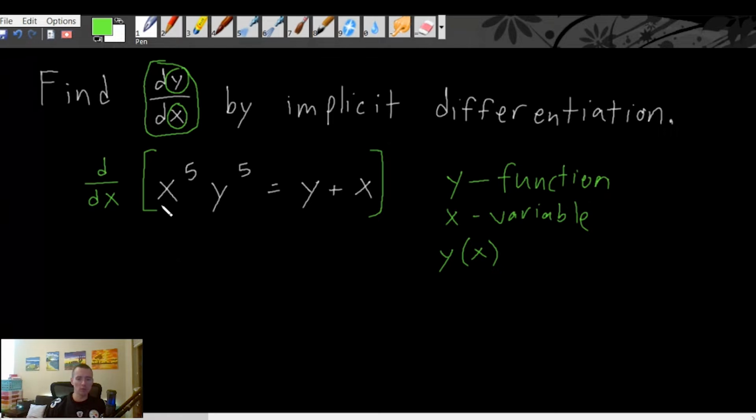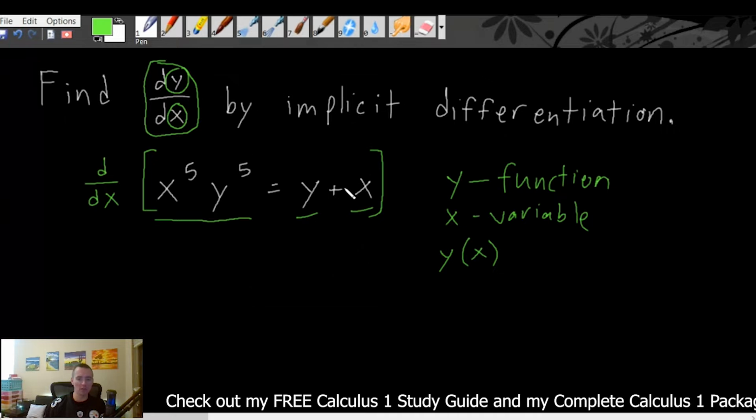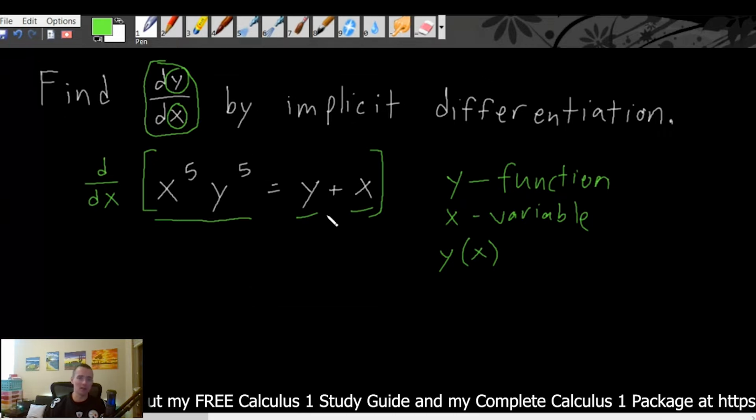So as we look through both sides of our equation here, we have 3 main terms. X to the fifth, y to the fifth is one term, y is one term, and x is one term. When I say term, I mean anything being multiplied together is going to be one term. If we have a plus or a minus, that's a separate term.